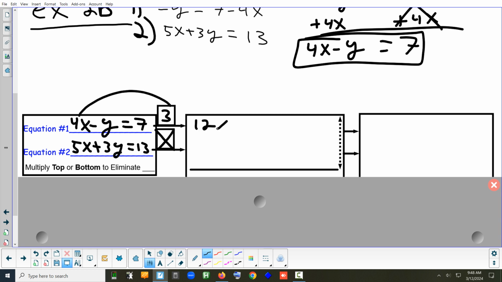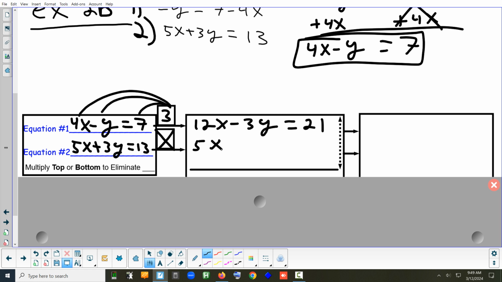Yep. What's 3 times negative y? Negative 3y. And what's 3 times 7? 21. What are we doing to equation 2? Nothing.